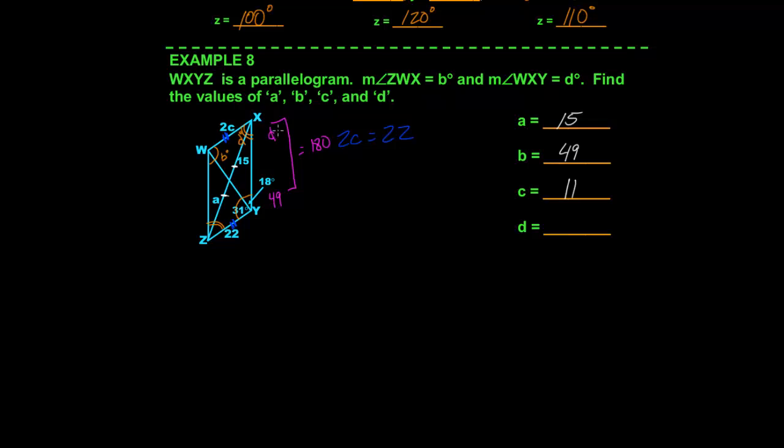So our D plus 49 equals 180. Subtract 49. D now equals 131. So D is 131. And that has us wrapped up for these notes.